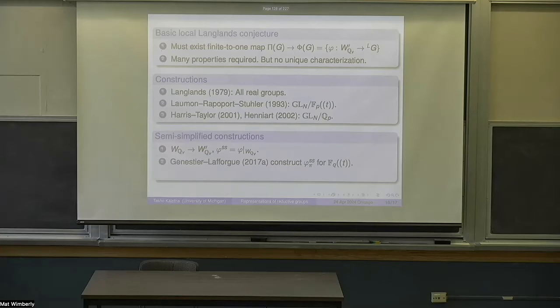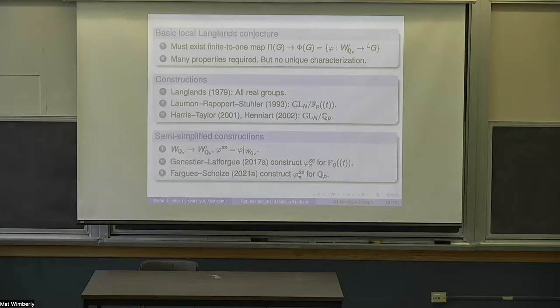And here there is work of Genestier and Lafforgue from a few years ago, where they constructed this semi-simplified correspondence for arbitrary groups over local function fields. And then very famous work of Fargues and Scholze from just a few years ago, where they did the same over p-adic numbers.